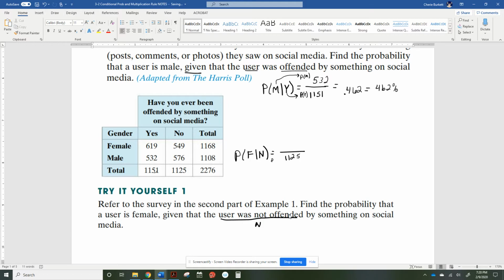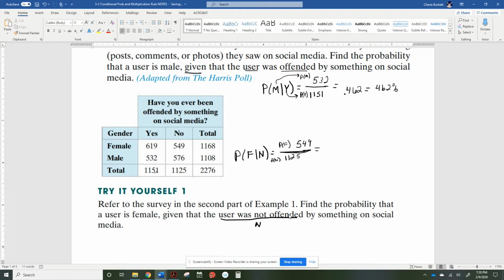1,125. This is the probability of the no's down here. And then the probability that they are female is what goes on top. And of the no's, the females were 549. Use your calculators to change that to a decimal. Oh, wait, I think I did that wrong.